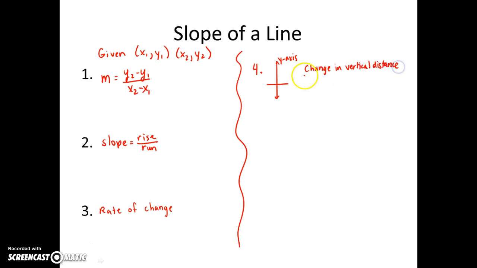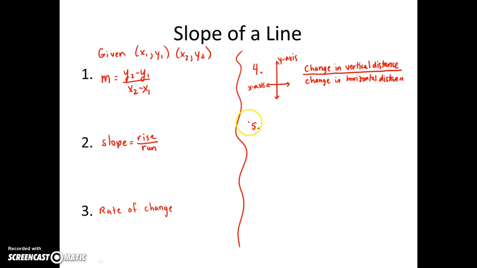So that's another way to think about rise, and then the run would be along the x-axis, so that would be the change in horizontal distance. Again, just another way to think about the same thing.